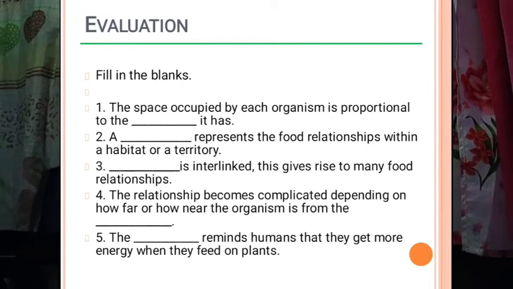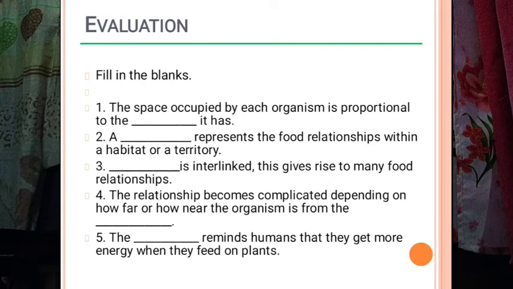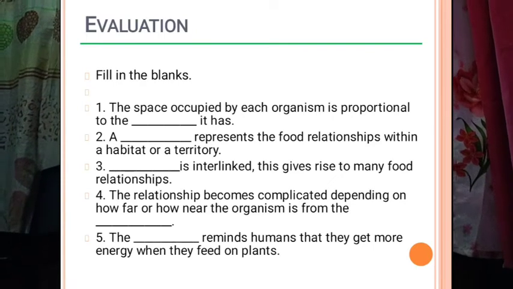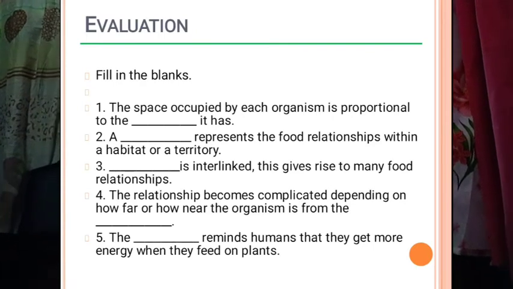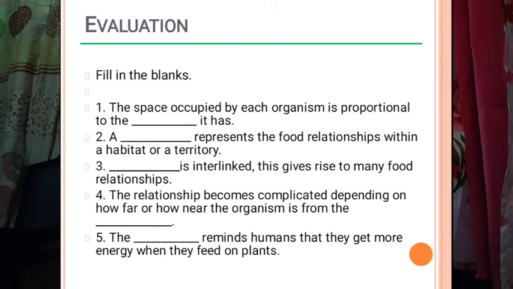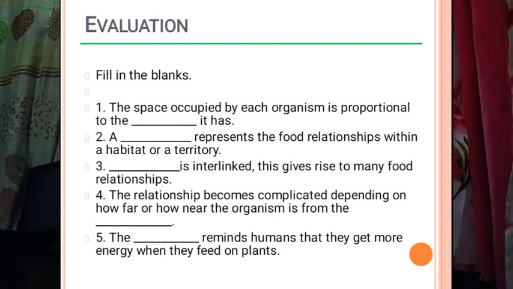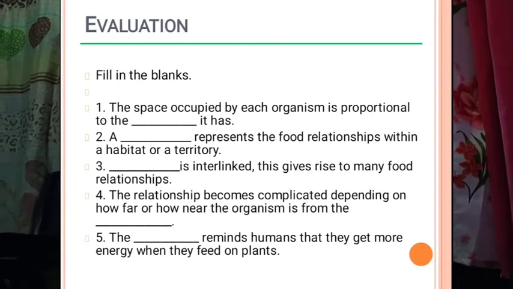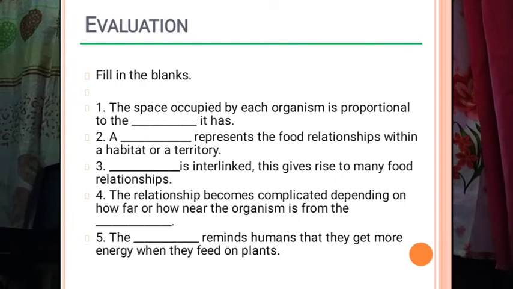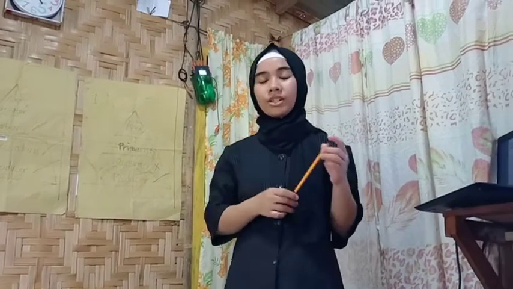And for the last item, the blank reminds humans that they get more energy when they feed on plants. Okay? Ball pens up. So, exchange your paper with your seatmates. Now, let's check your answers.